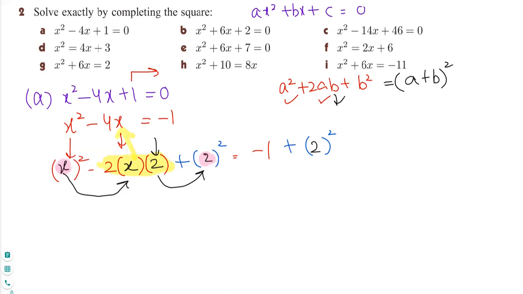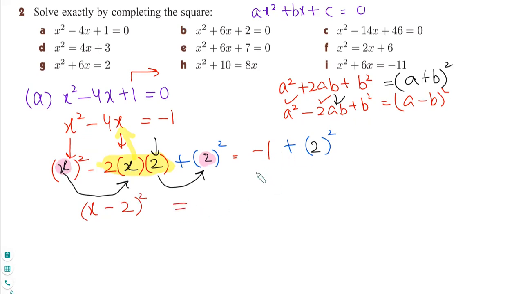So now we can write it as a minus b, because this is x squared minus 2. So the second identity we use: a squared minus 2ab plus b squared is equal to (a minus b) whole squared, right? So that's why the a minus b identity should be used. So this will be (x minus 2) whole squared, right?